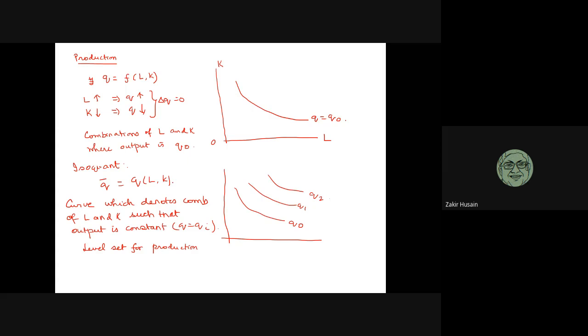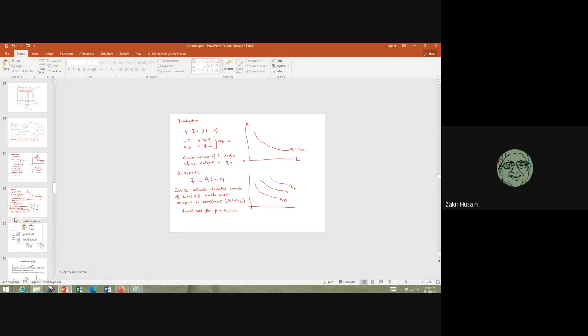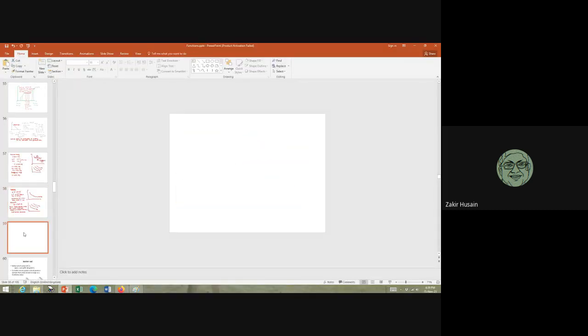Now, what is the expenditure? When the firm uses labor and capital, neither of them is free.